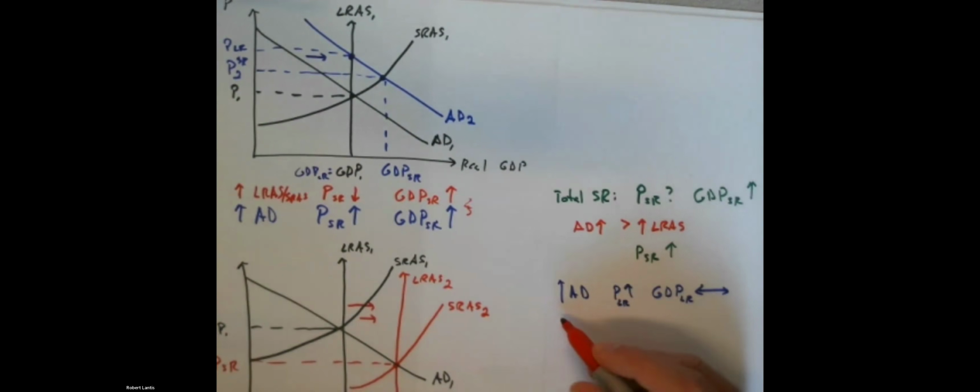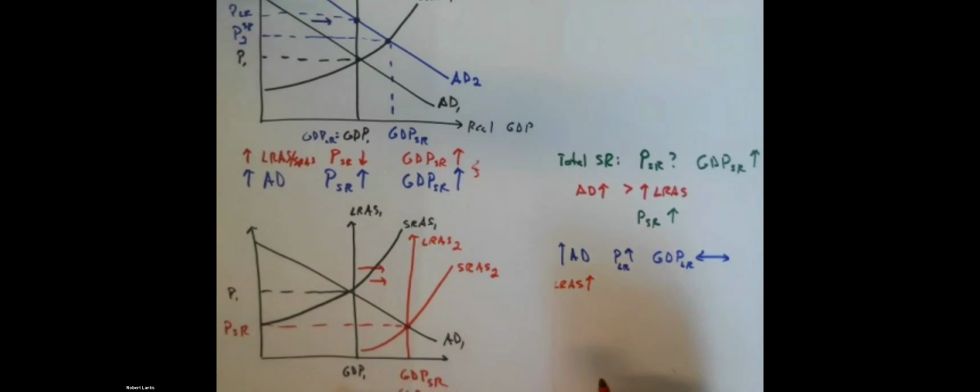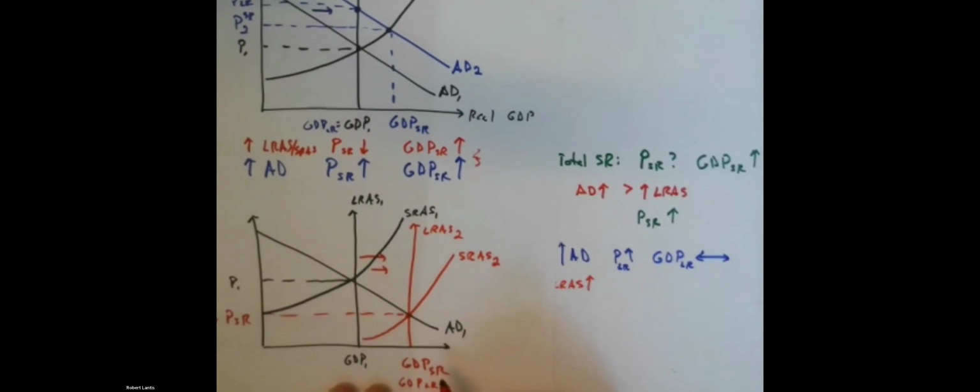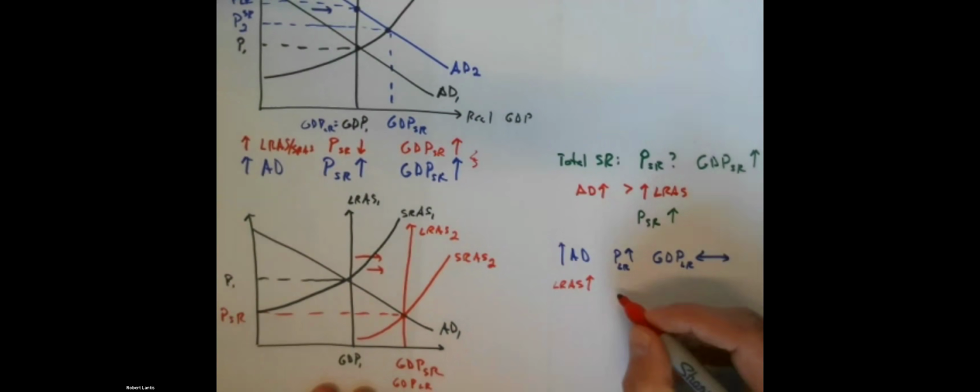That long run aggregate supply increase, what did that do? Well, our long run equilibrium here is going to be exactly the same for the short and the long run. So anytime long run aggregate supply shifts, the change in prices and GDP will be exactly the same.